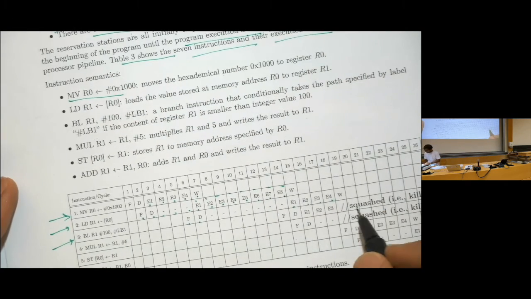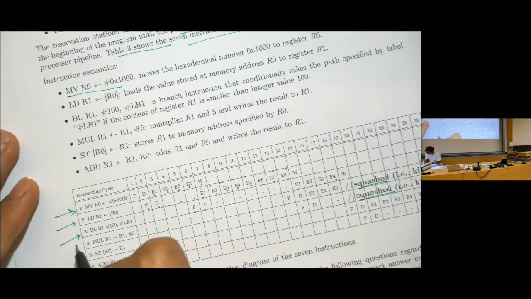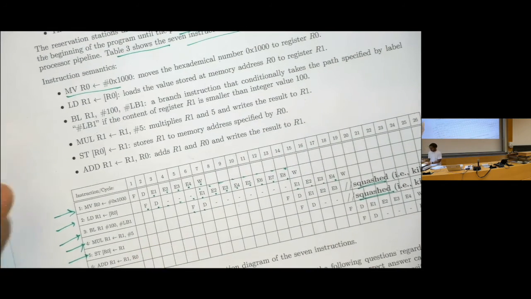Now, we see that this was squashed. Squashed means this instruction was getting executed, but in the middle, the processor said, no, this result does not matter. I'm not going to care about it. I will kill this right away. So it's called in-flight termination of the instruction. You see that both of these instructions were squashed. That means there was most likely a branch predictor or a cache access at this point.